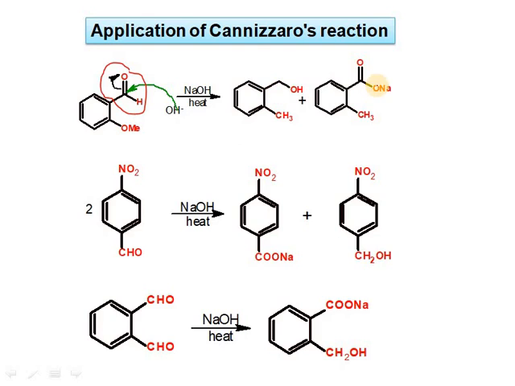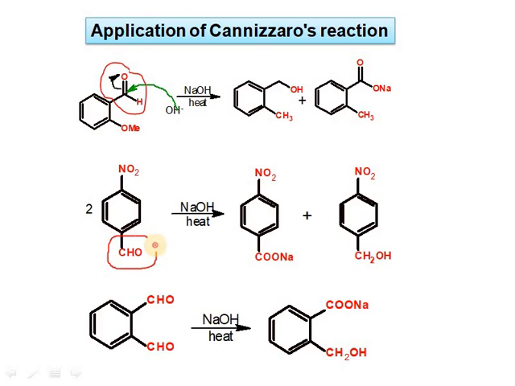One is alcohol, one is salt. Similarly, para-nitrobenzaldehyde gives one product with CH2OH and the other with COONa, right?